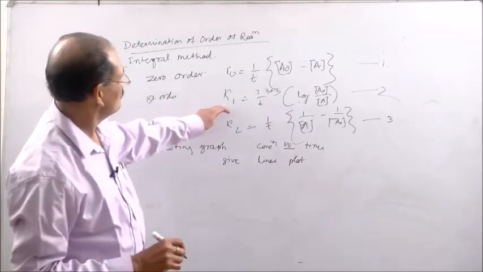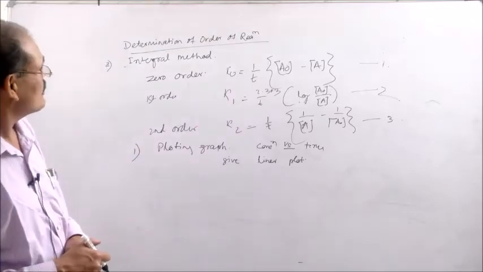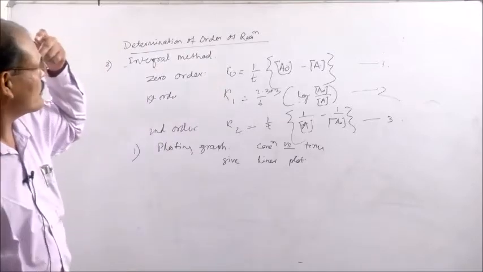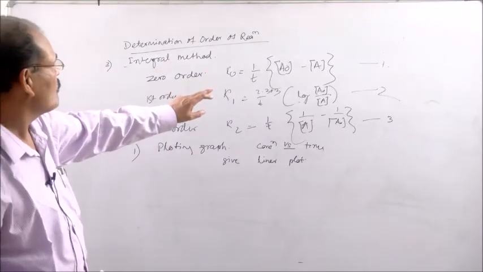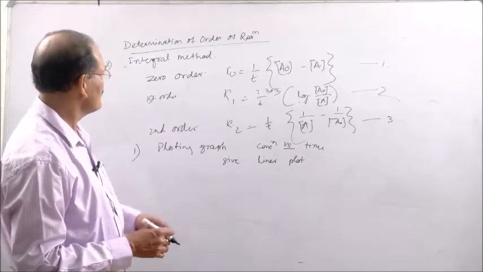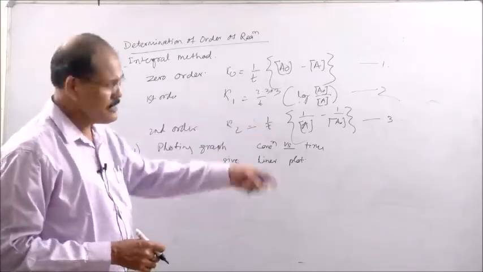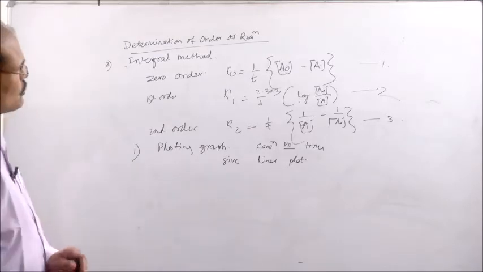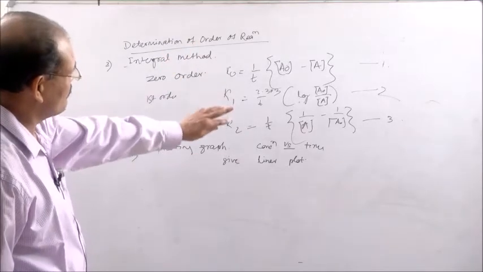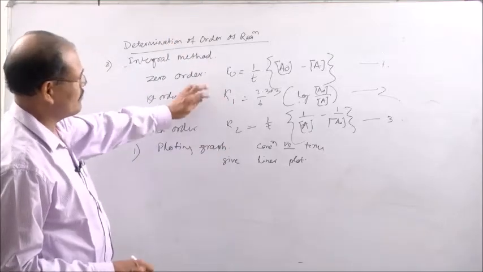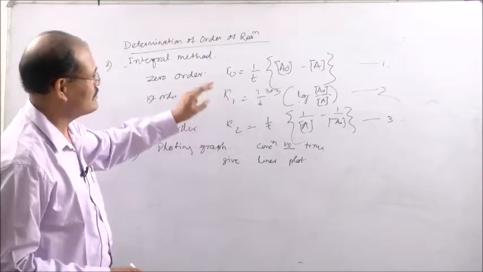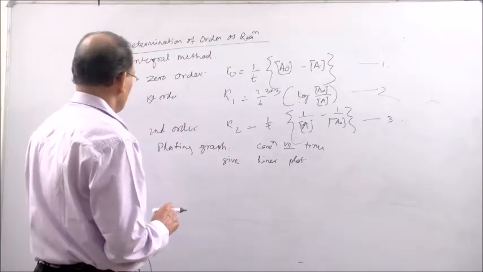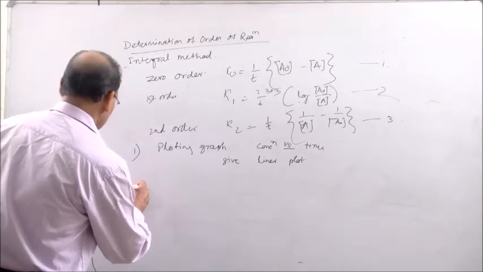For second order, we proceed like this, concentration versus time. The slope and the intercept will give the order of the reaction and the rate constant. We get the values similarly for the second order reaction. The intercept on the y axis gives the maximum concentration, that means the initial concentration of reactants. And this is the graphical method.